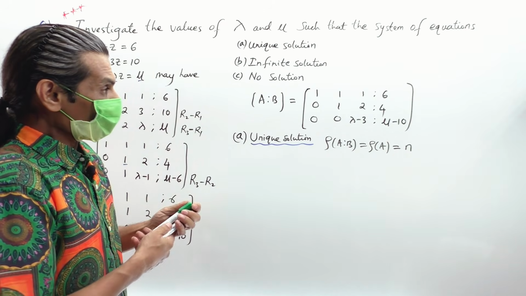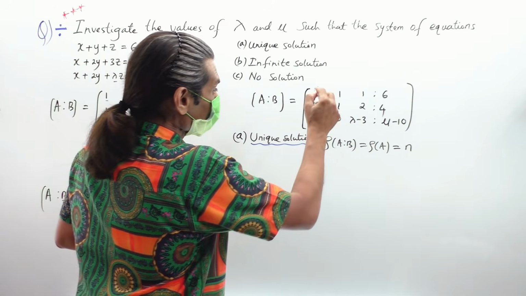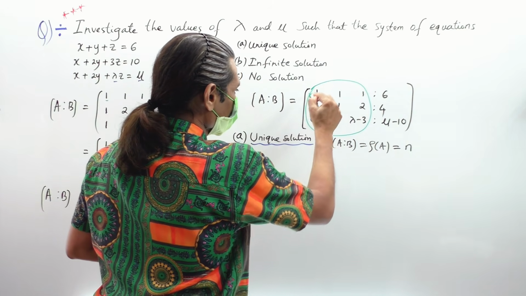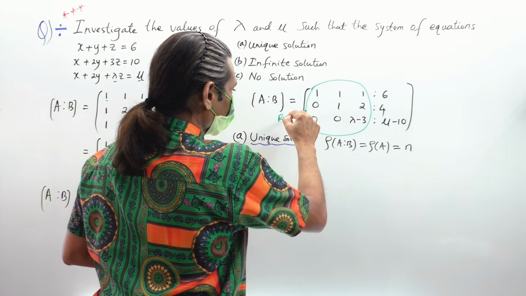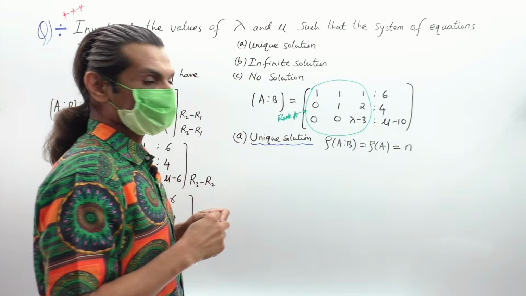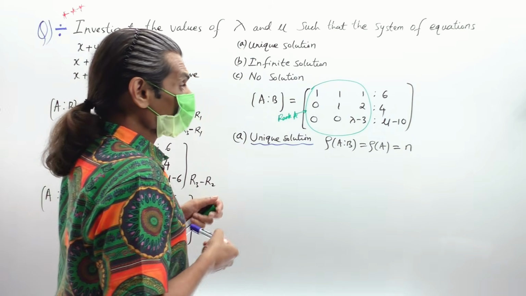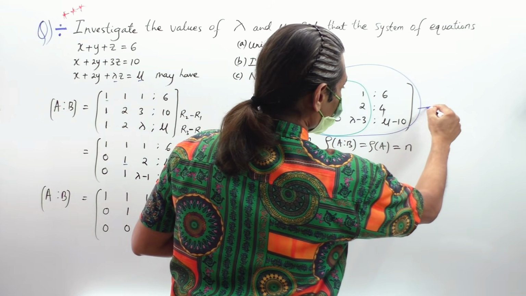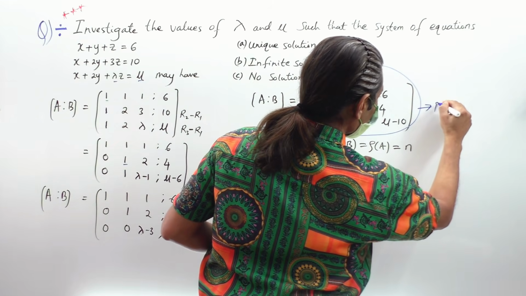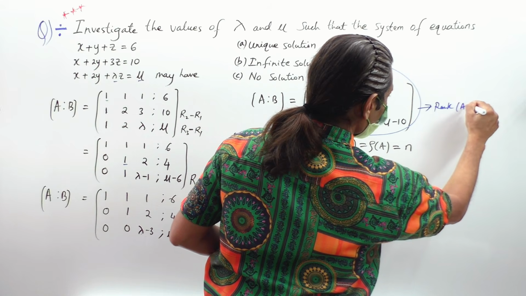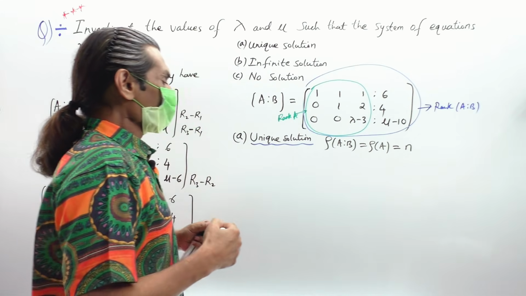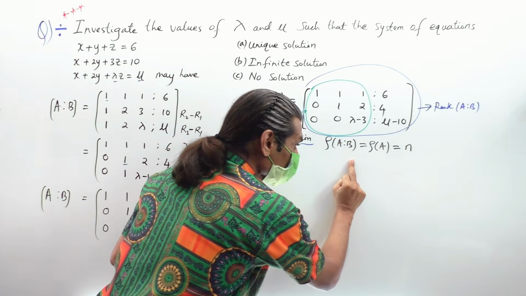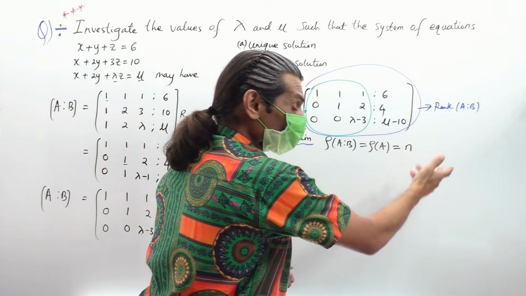As I discussed earlier, only this part gives rank of A, but the whole matrix will give rank of A augment B. So unique solution is: rank of A augment B is equal to rank of A is equal to n.